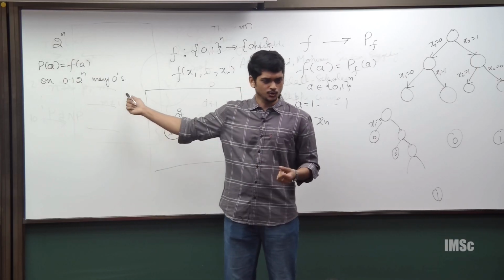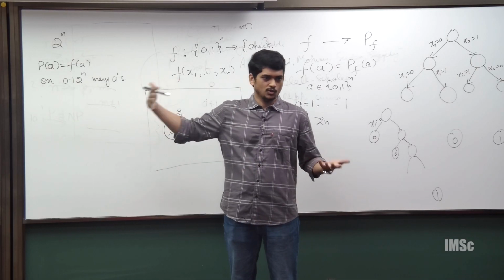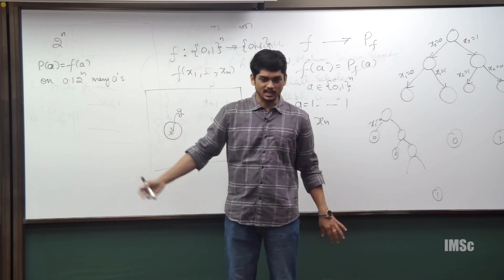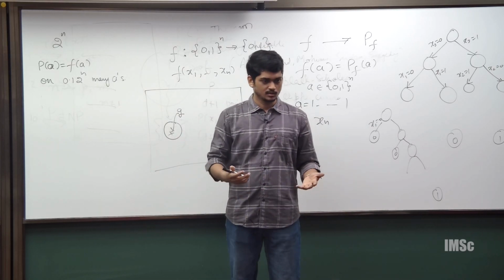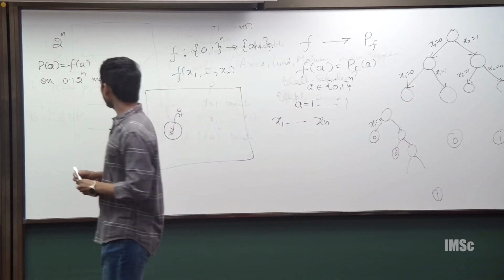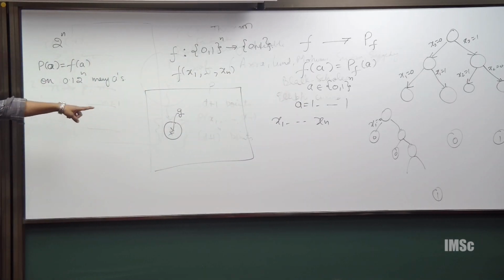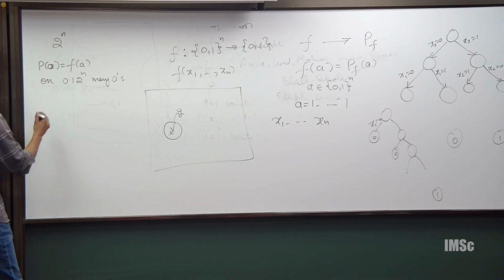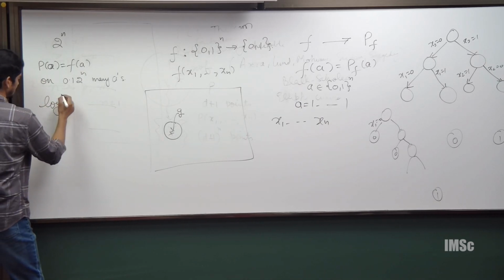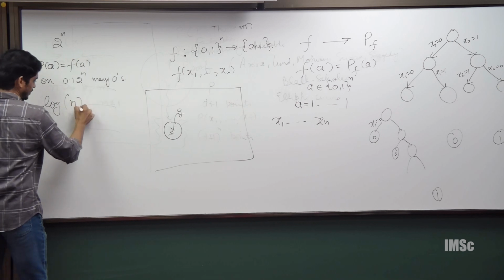So what this allows you to do is, you do not have to be correct on all points, so you can actually do more functions. What I mean by that is this: here you needed degree n. Here if you want to find such a polynomial for the AND function, you can find it of degree, say, log n for now.